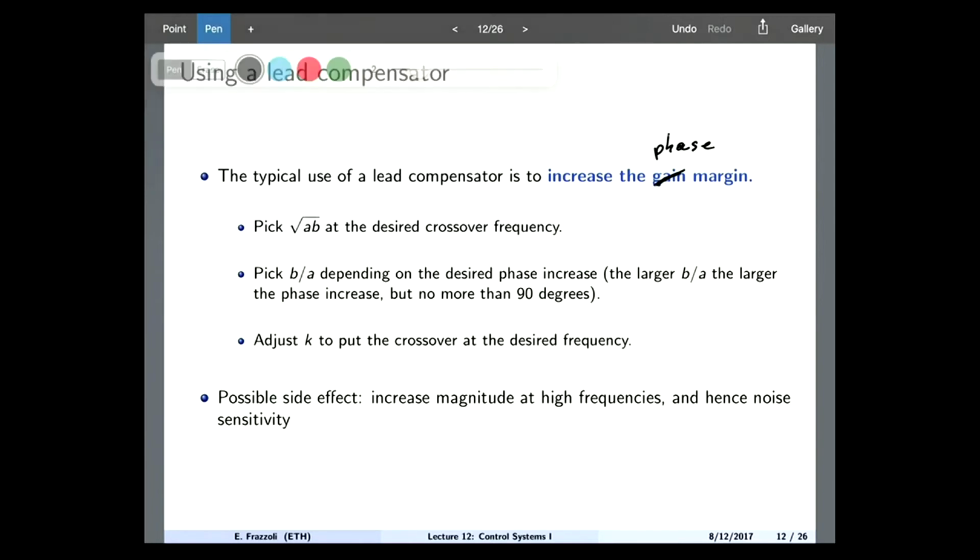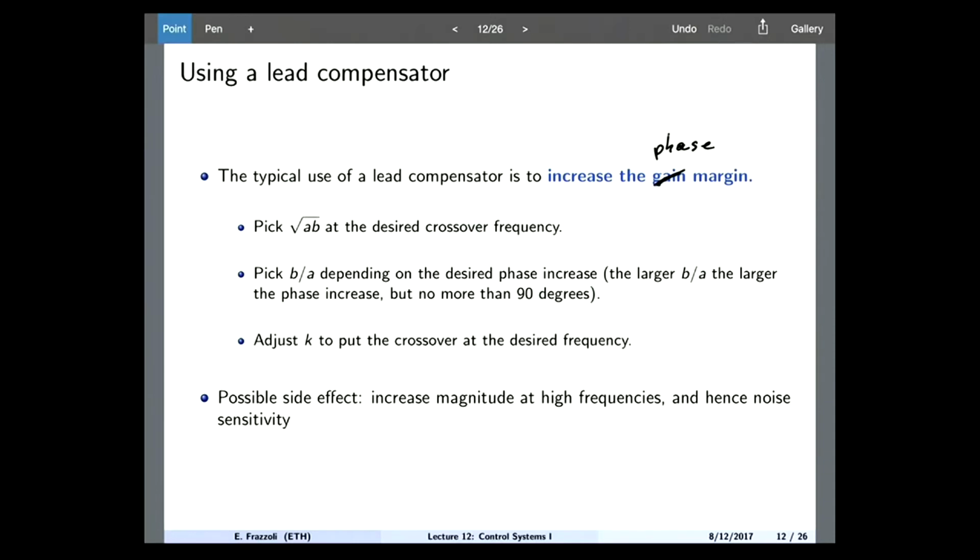So the typical use of a lead compensator is to increase the phase margin. And how do you do it? You put the geometric mean of your lead compensator at the crossover frequency. That's how you pick the center of the pole and zero.